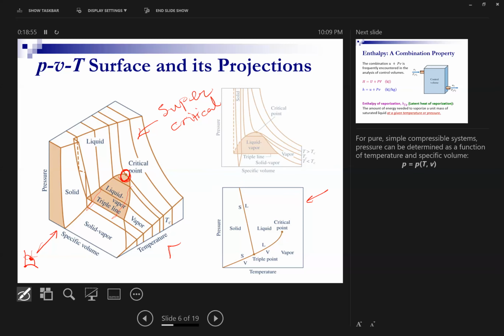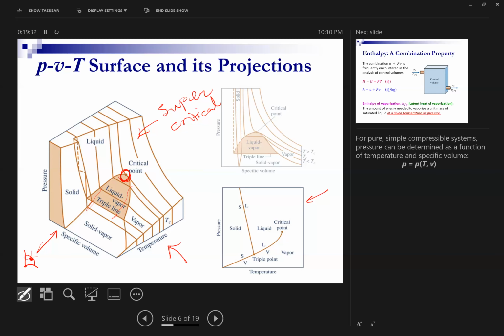In this graph, one thing is important for me: the triple line, if you look at it from this view, on the temperature-pressure diagram, will be reduced to a point. It will be the triple point. That triple point is a specific temperature and pressure at which we have all three phases of the material in equilibrium.